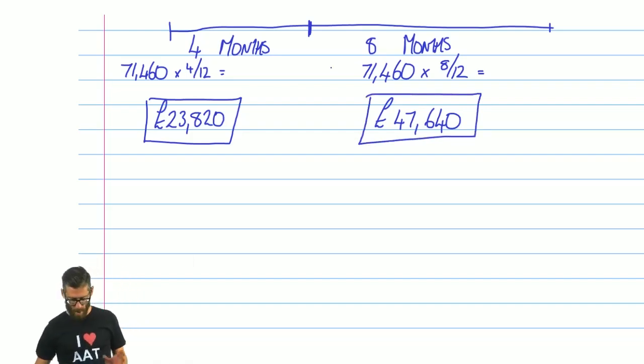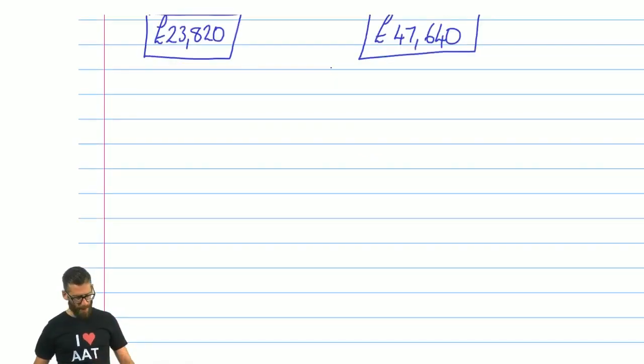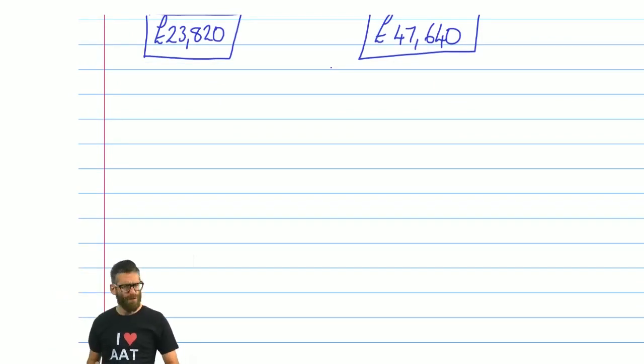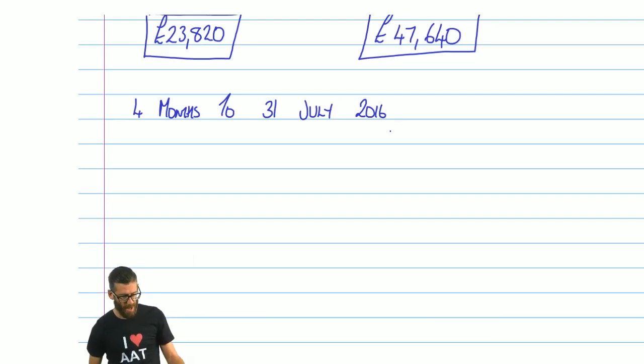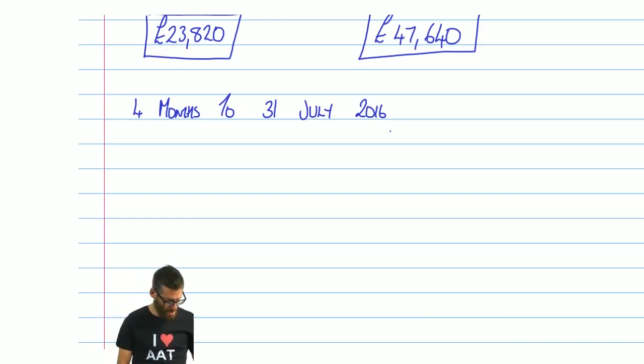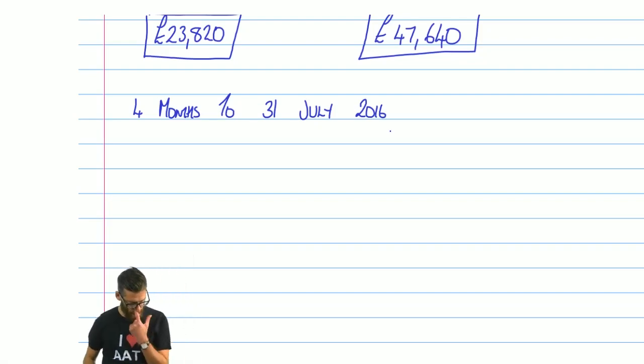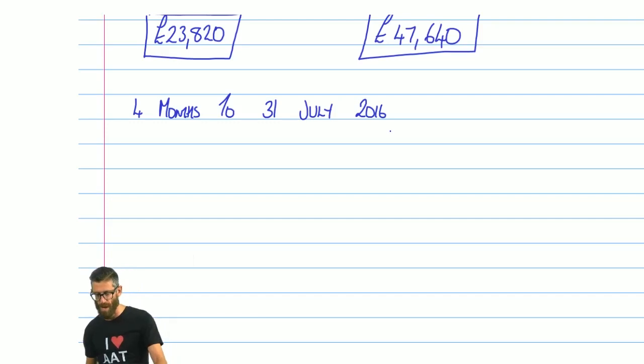Okay, so now that I'm comfortable, I'm going to focus on the first period. So in the 4 months to the 31st of July 2016, my first partner is called Chris, I believe. We have a Chris. Well, Chris gets a ratio of 3 to 1.